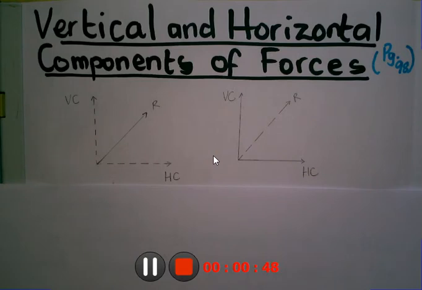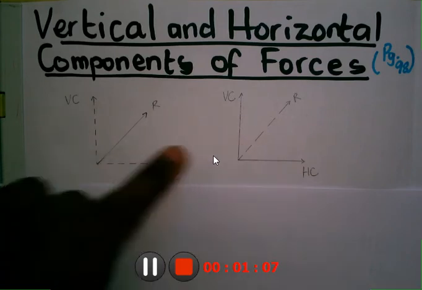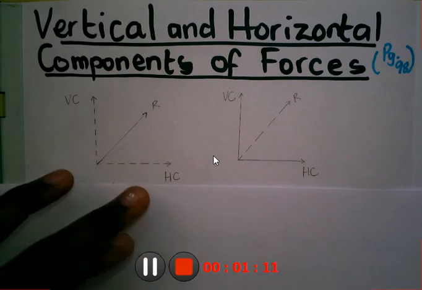Determining the horizontal and vertical components of a force is the reverse process of determining your resultant and the equilibrium. So in this case, we are going to take your resultant and resolve it into your two components.